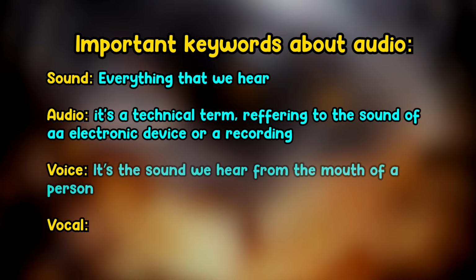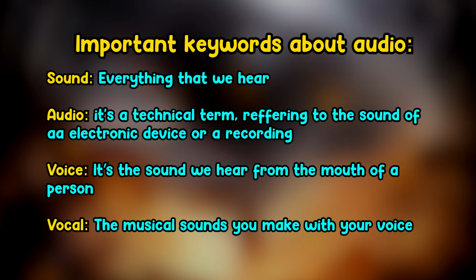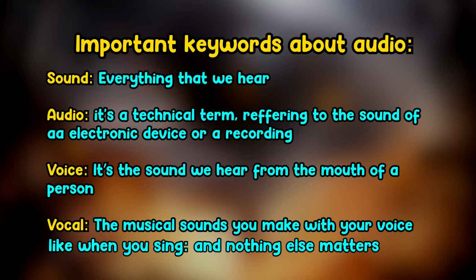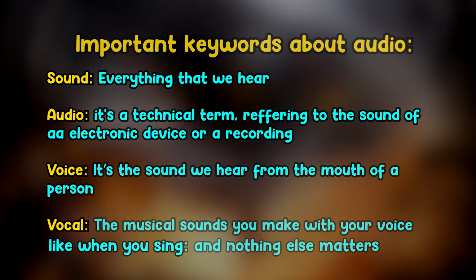Voice is the sound we hear from the mouth of a person, like the voice of me that you're hearing right now. And then we have vocal. Vocals are musical sounds that you make with your voice. Like for example, when I'm singing a song, I'm making a vocal. For example, when I sing that popular song, and nothing else matters. Because I'm singing a song, you can call my voice a vocal.